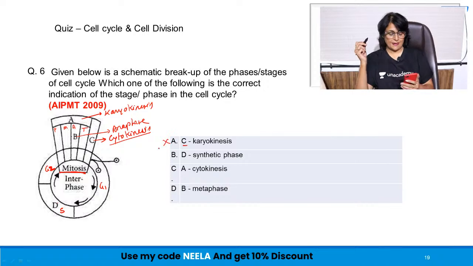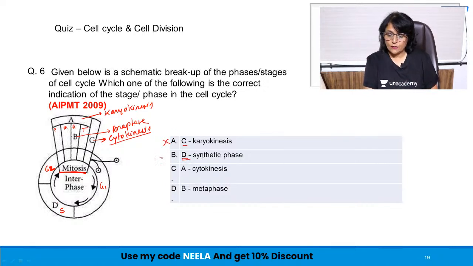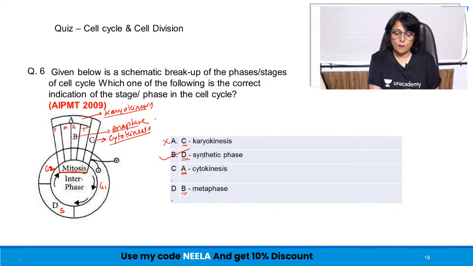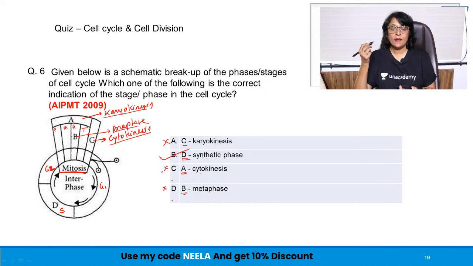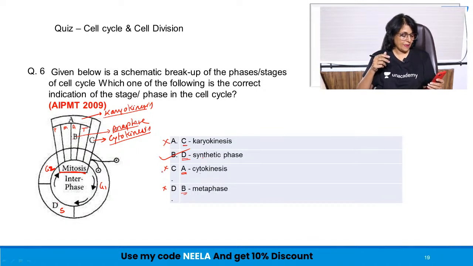No, it is given as karyokinesis. D, S phase, this is correct, but we will check the other options also. Is A given as cytokinesis? No, A is karyokinesis. And is B metaphase? No, B is anaphase. So the complete process we have studied, now the representation is a slightly different one.